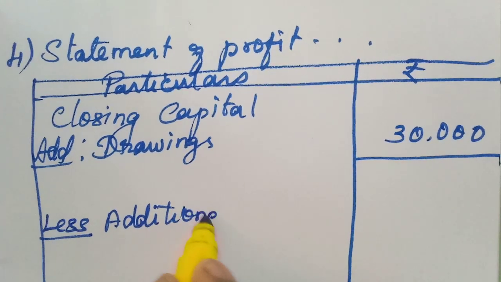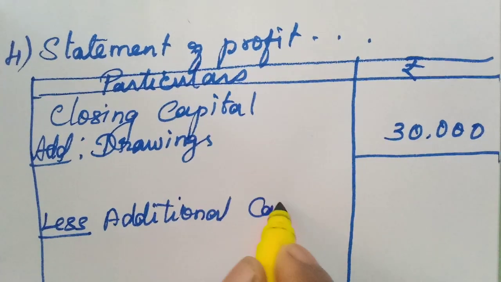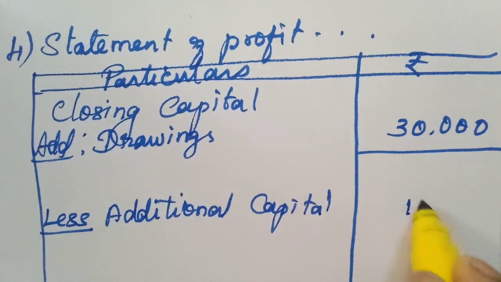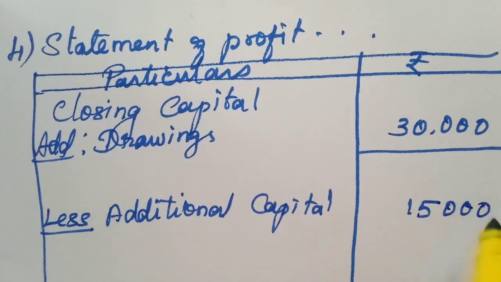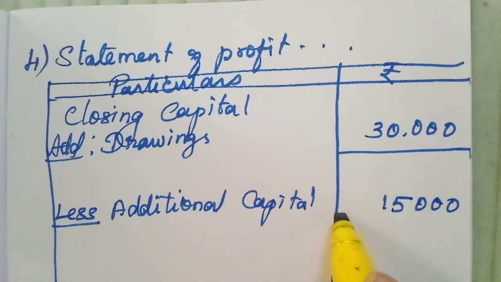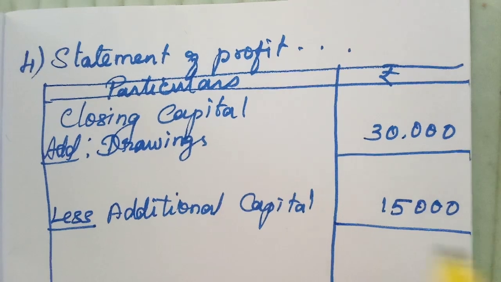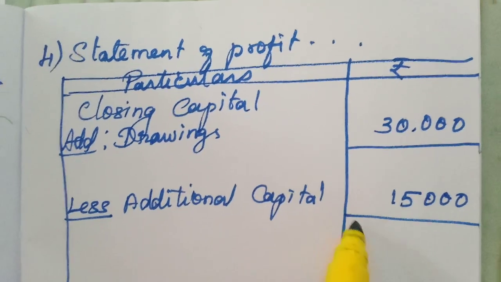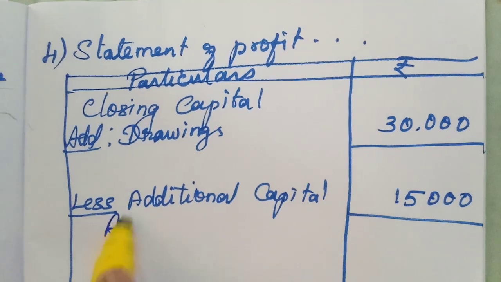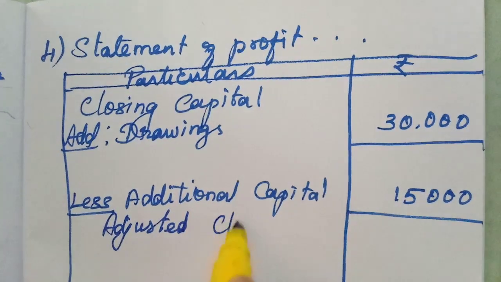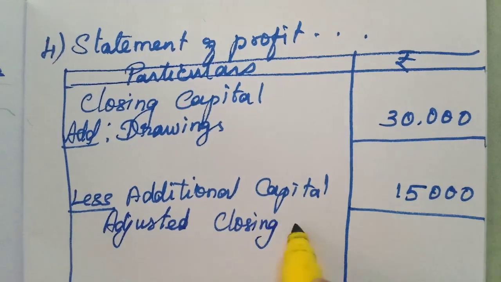Additional capital is given, isn't it? Additional capital 15,000. You write 15,000. This amount should be straight, 30,000, 15,000. Again draw lines. Then write, we do not know this amount, but write here straight to this amount, adjusted closing capital.